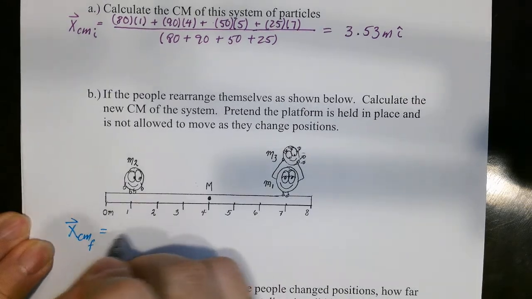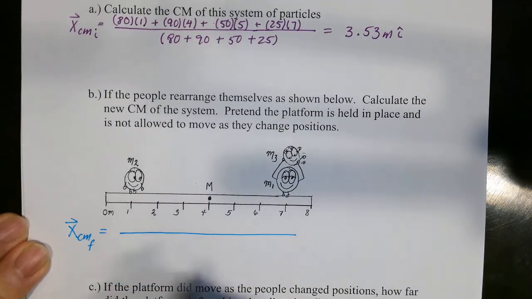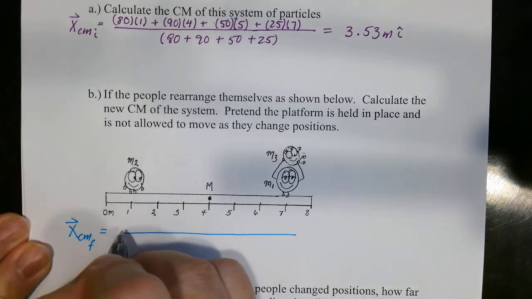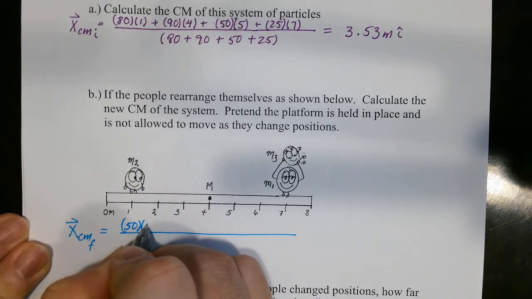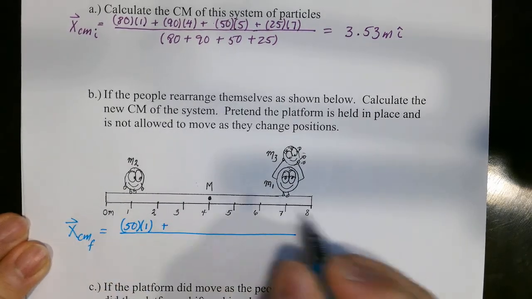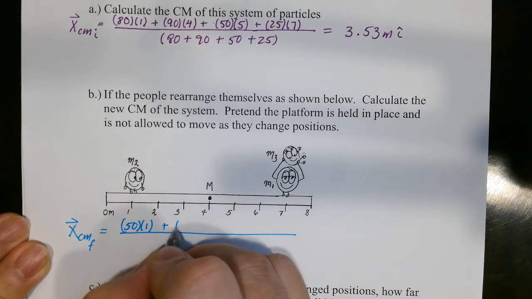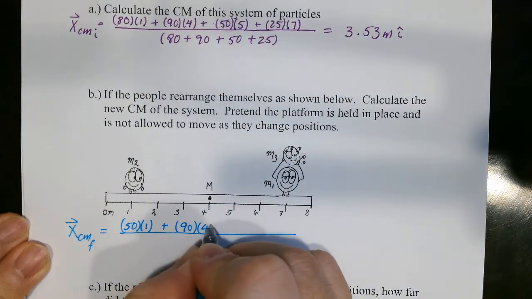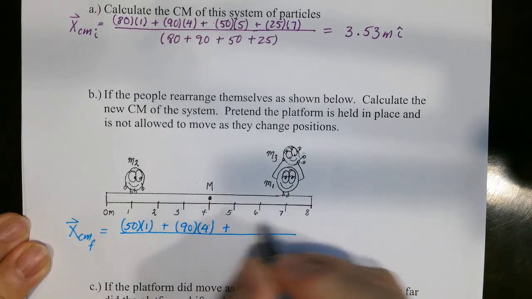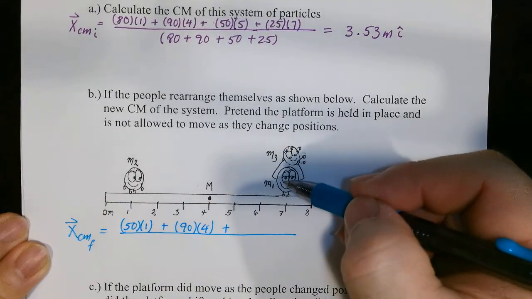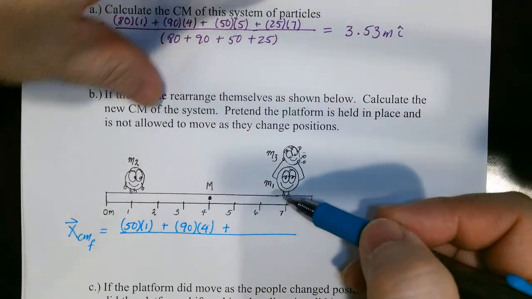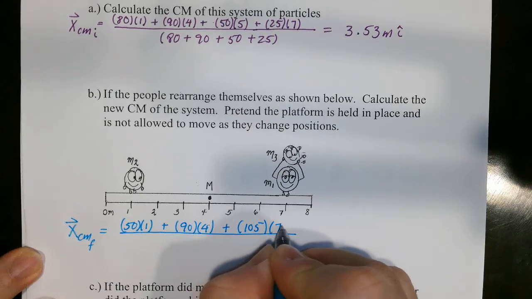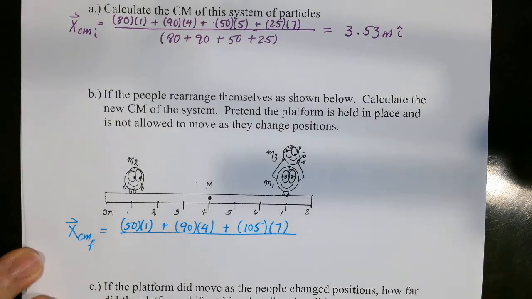And that is here. What is that? M2 is 50 times 1 plus 90 times, I guess you could say 4, plus, here I have a combined mass of 80 plus 25, which is 105, times 7, right?